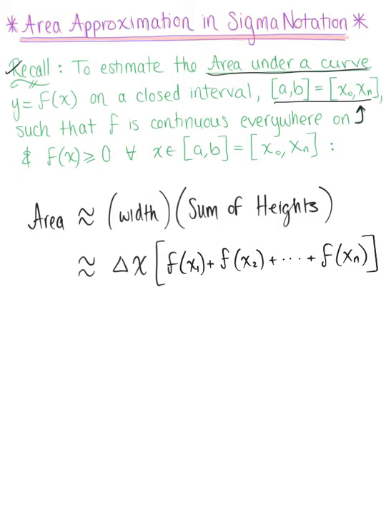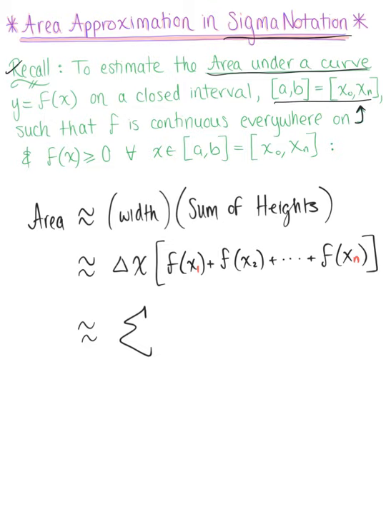So now that we've been introduced to sigma notation, we can take this one step further and rewrite this in summation notation. We want to establish the index of summation. Notice we're starting at 1 and going to n.